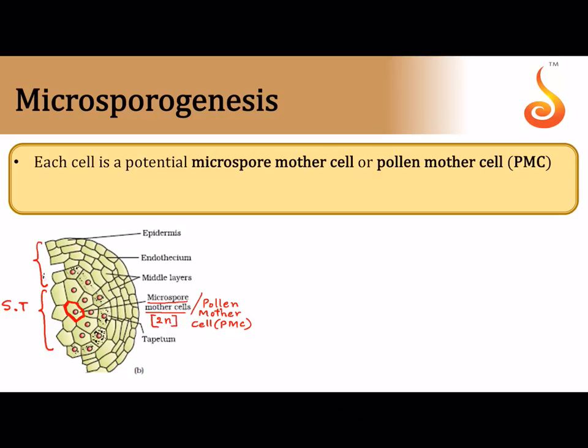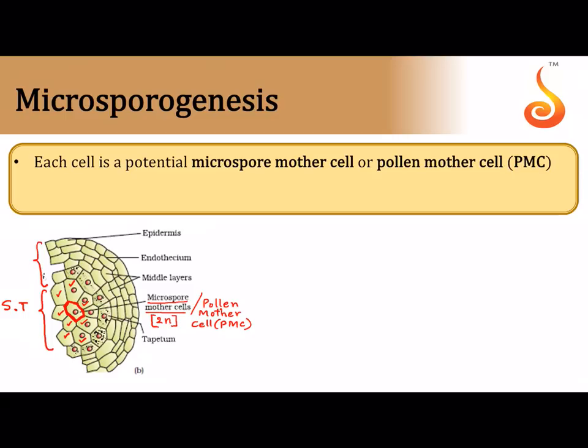They have two sets of chromosomes in them. Every single cell in the sporogenous tissue, not only the one I have highlighted, is a potential microspore mother cell or a pollen mother cell.